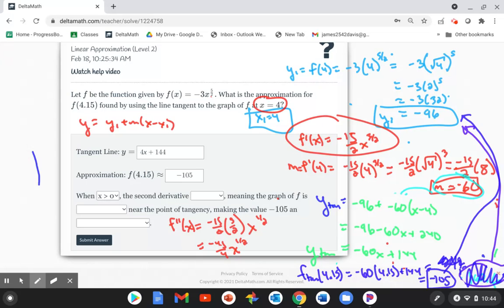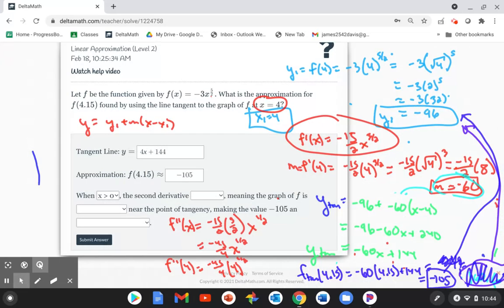And then we can just do the 4 that we started with. It's fine. F double prime of 4. And negative 45 over 4 times 4 to the 1/2 power, which is the same as the square root, so it's just negative 45 over 4 times 2. So that's negative 90 over 4, which is obviously a negative.